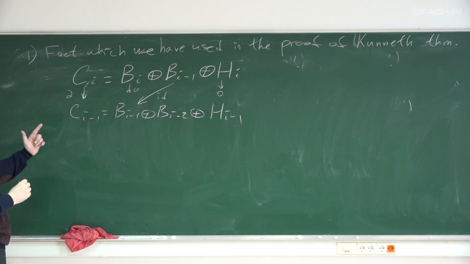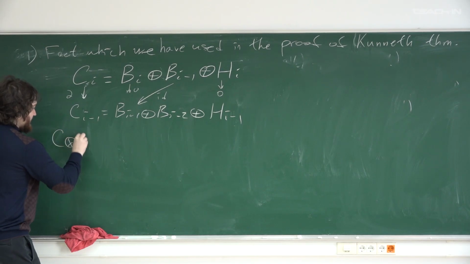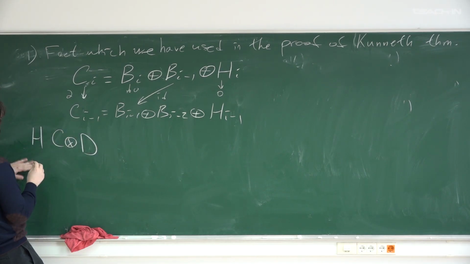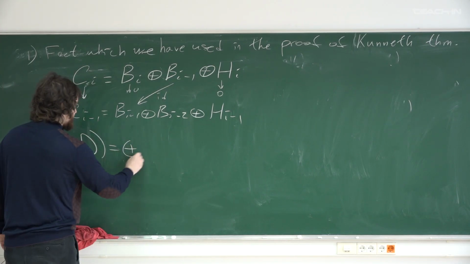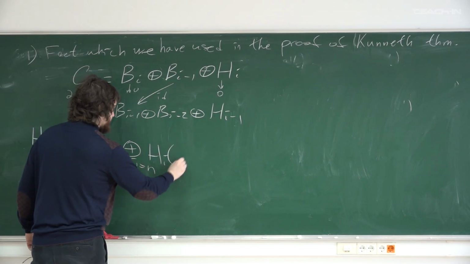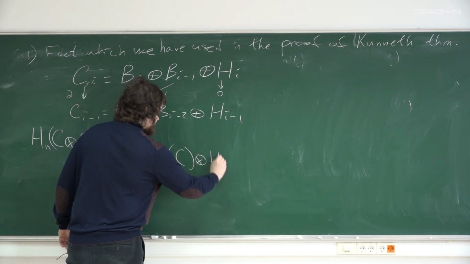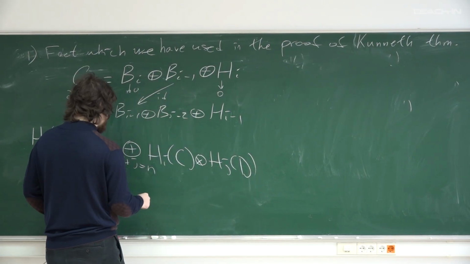If we have one such complex and another such complex, then the homology of their tensor product is the tensor product of homologies. No, it's just H_i and H_j.